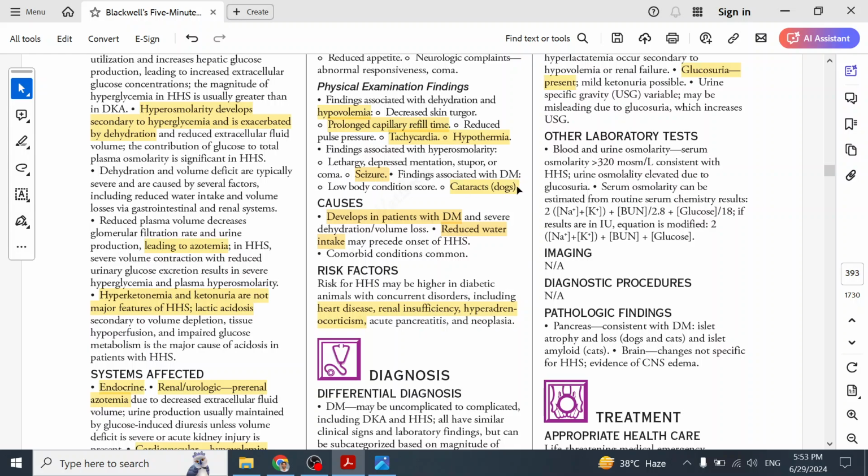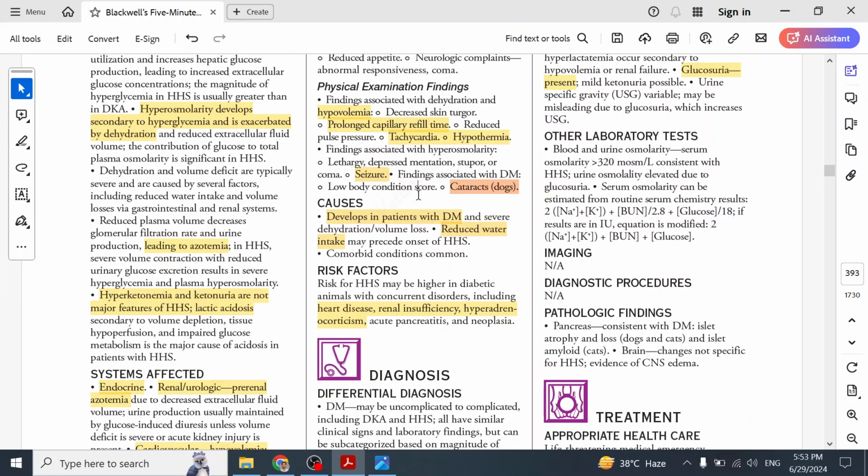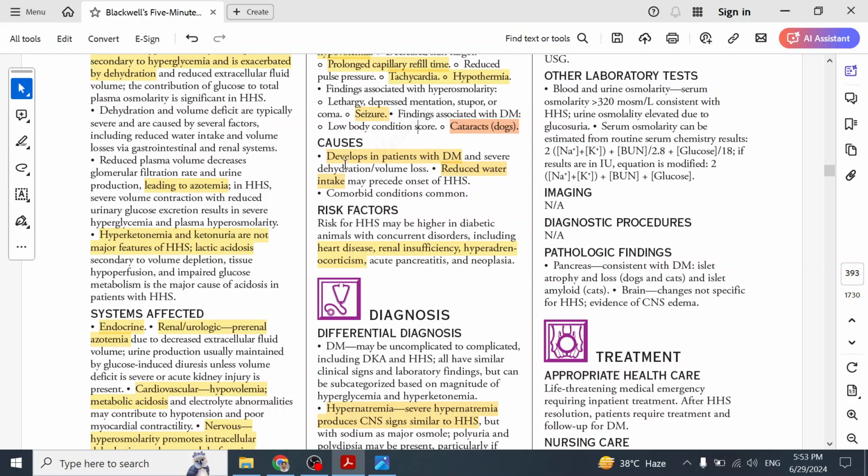And then there are cataracts in dogs. It is most common in dogs. So diabetes mellitus causes cataracts in dogs, not in cats, because with hyperglycemia glucose crosses into the lens, and its metabolism will lead to cataracts.